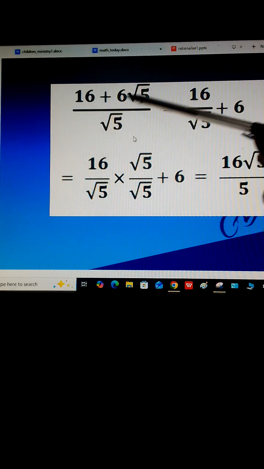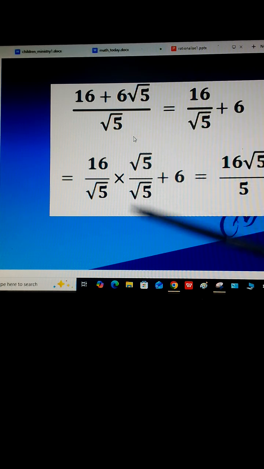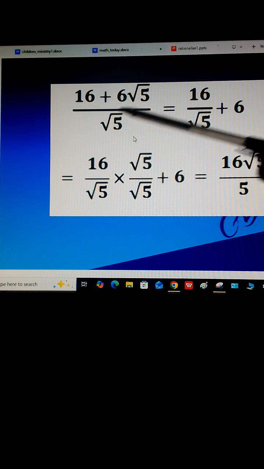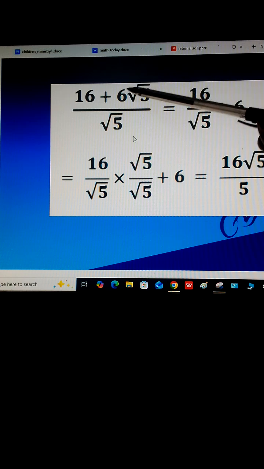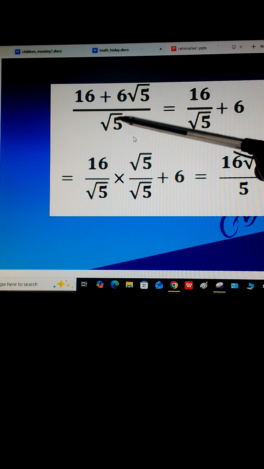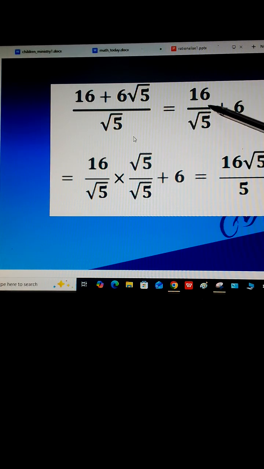We can simplify this term by dividing everything by root 5. 16 over root 5 is this one, plus this one here, 6 root 5 divided by root 5, you get 6. This cancels. That's what we have. This is the answer, but we don't want to have this kind of denominator, which is irrational. We have to rationalize.